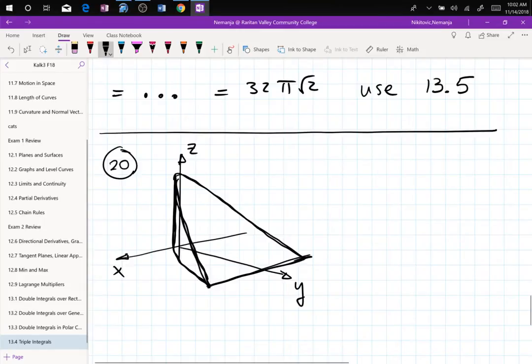So it is this rounded wedge. In the back, we have y equals x squared, so that's the back of this. I know it's way too busy, but back is y equals x squared.